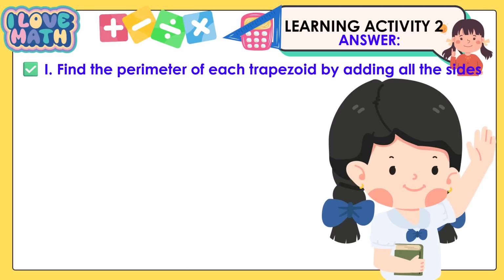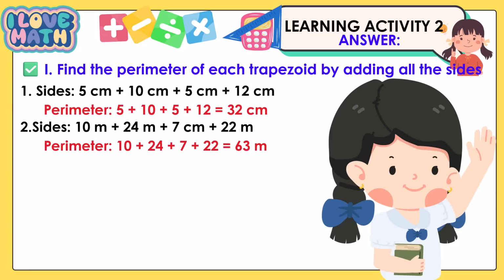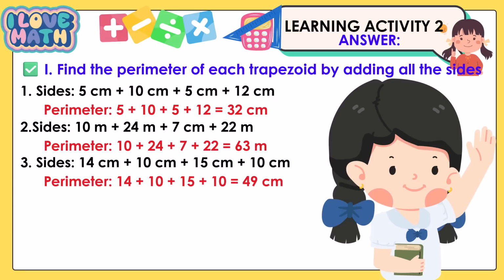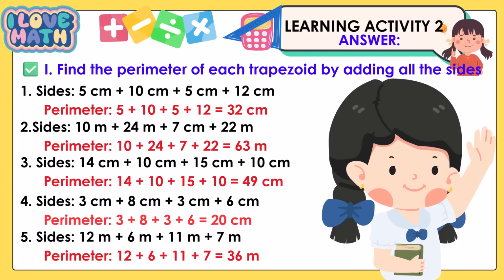Of course, let us answer. Number 1, the answer is 32 centimeters. Number 2, 63 meters. Number 3, 49 centimeters. Number 4, 20 centimeters. And number 5, 36 meters.